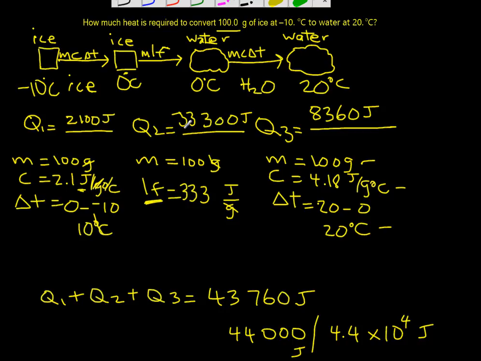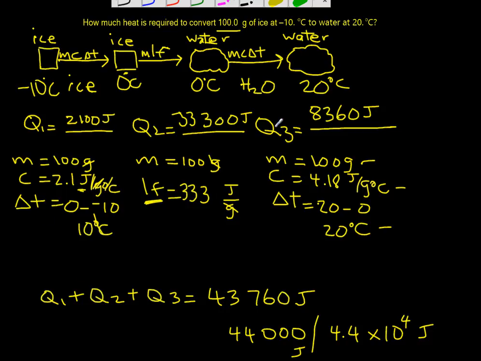So we take our 100, that's our mass. We use our constant, and we multiply them together. Okay, and this is what our formula looks like. Q is equal to m times LF. This is m. Q is equal to m times C times delta T.